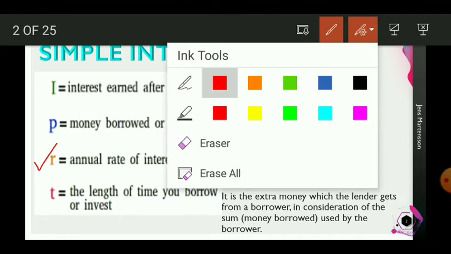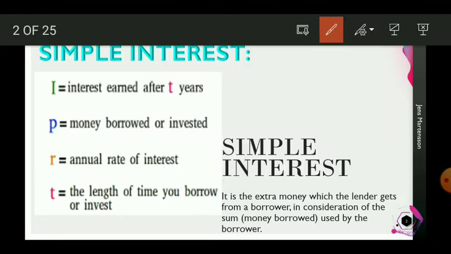Sorry for the bad handwriting. Now we come to T. What is T? T is the length of time you borrow or invest. Say I invested my money twice, once in one month and again in another month.